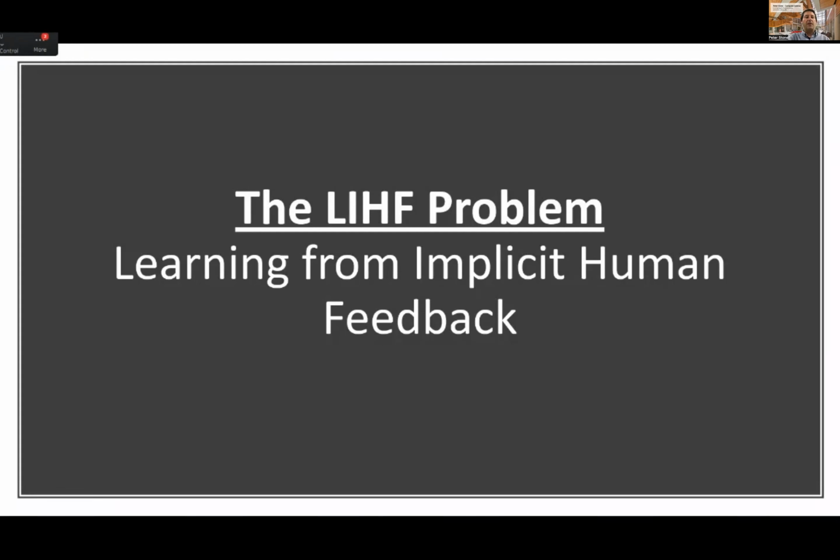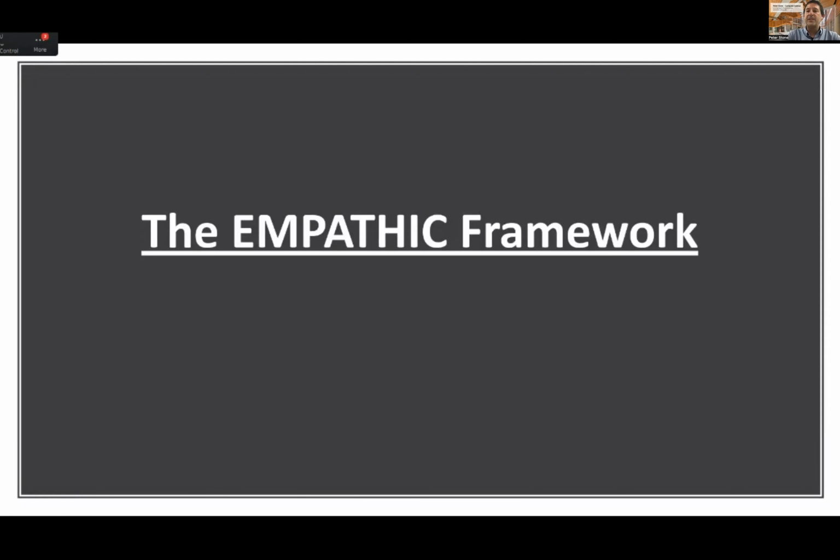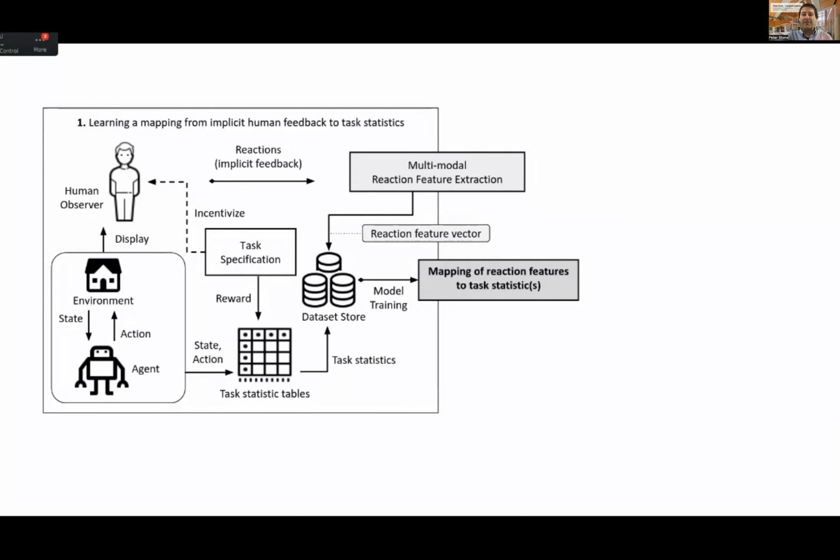We introduced a problem called the LIHF problem, or learning from implicit human feedback. We formalize it in the paper, and then introduce a framework called EMPATHIC. There's a clever acronym that I forget, but it was designed to learn from watching a person's facial features, and it has two stages.